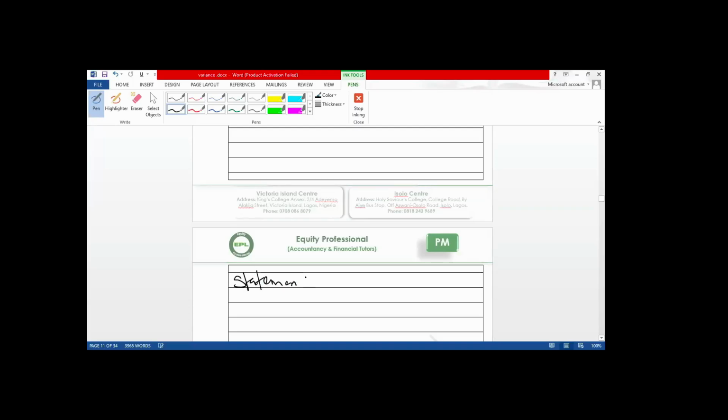Statement of reconciliation of budgeted profit with actual profit.